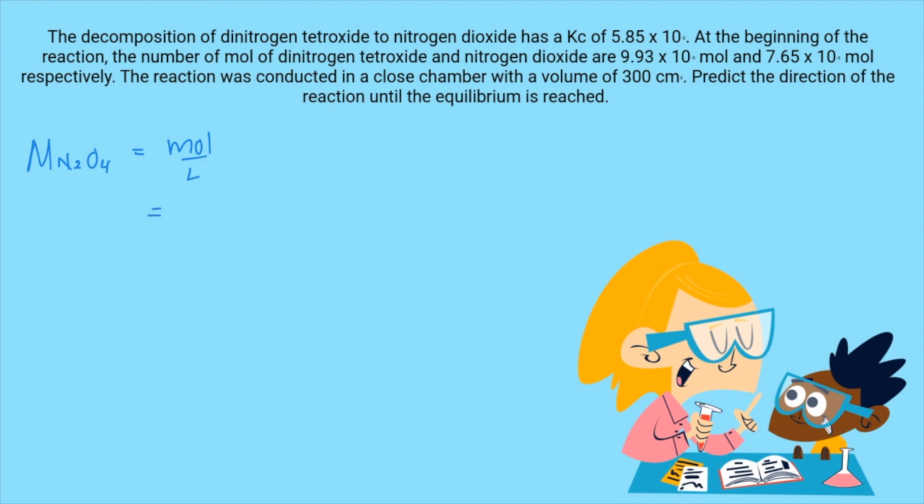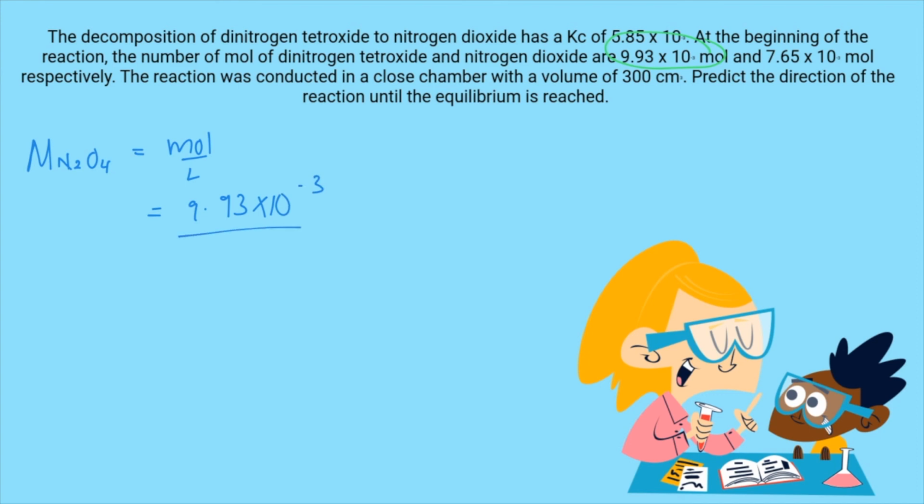Given in the question, the number of moles of dinitrogen tetraoxide is 9.93 times 10 to the power of negative 3, divided by the volume.